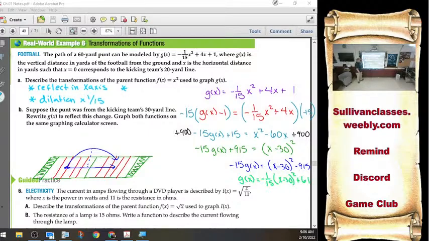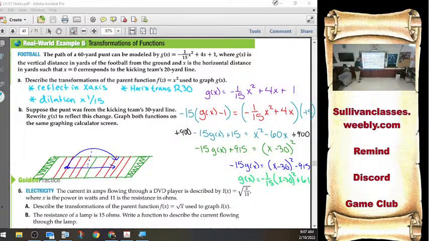I've got a minus 30 grouped in with x. A, B, H, or K? H. It's in my horizontal translation spot, which is bass-ackwards land. Okay, that's a horizontal translation right 30.